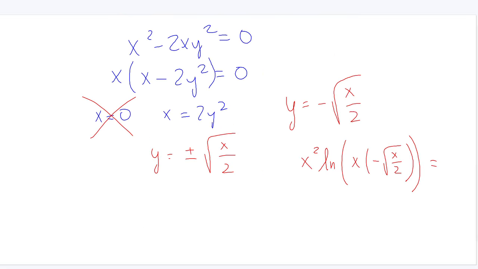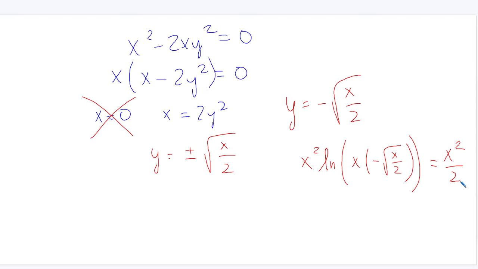So equal to x squared over 2 if we do that. If we look at that, we have a little bit of a problem there in that inside that natural log I have x times the negative square root of x over 2.